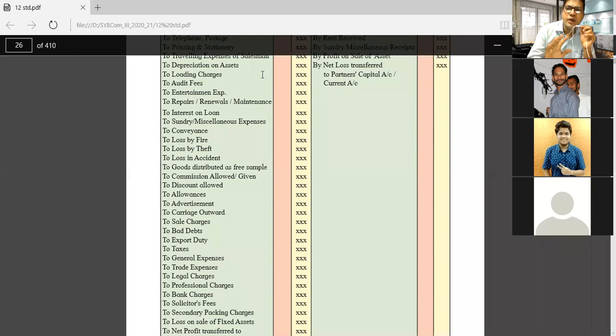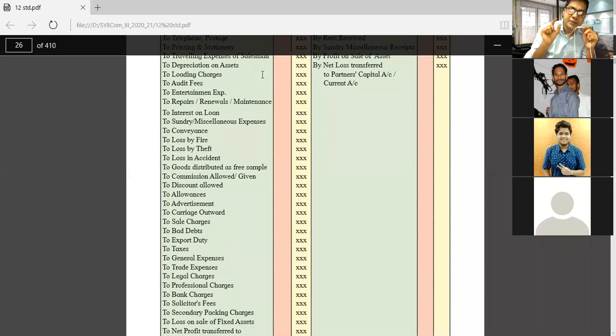These are all expenses, and expenses are always recorded in the profit and loss account debit side. One thing you have to keep in mind, it is expenses, it is indirect expenses, and it is a partnership firm business expense. If it is there, then we have to put it.